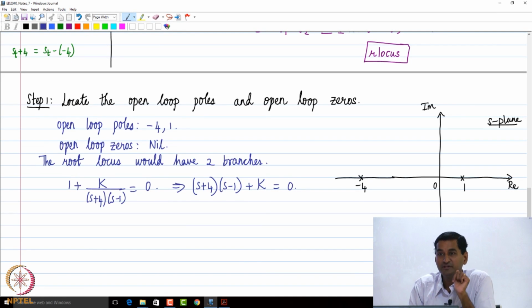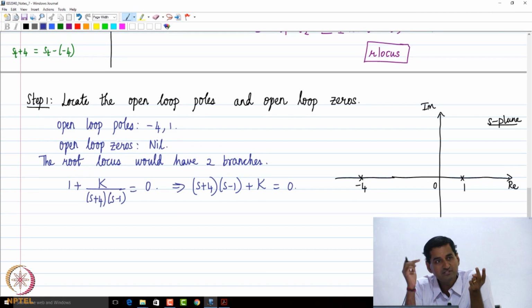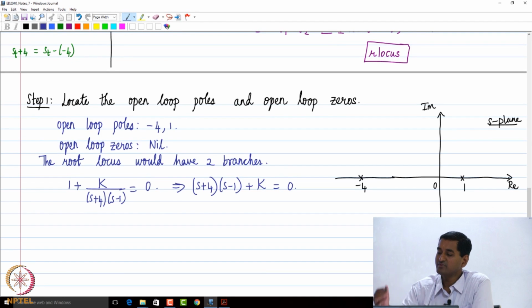The answer is pretty obvious. You substitute k equals 0, what are the roots? -4 and +1. So you can immediately see that there will be n branches, in this case 2 branches, and each one would start from an open loop pole at k equals 0. So we have 2 branches starting from -4 and +1 when k is equal to 0.